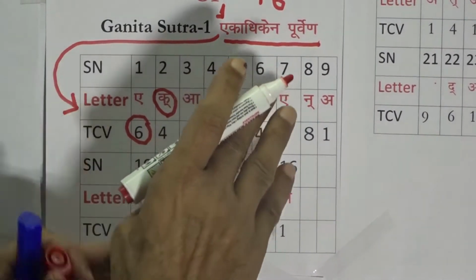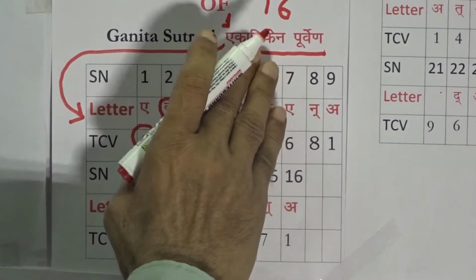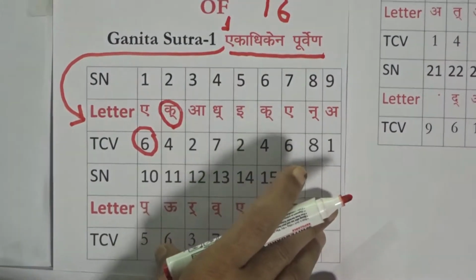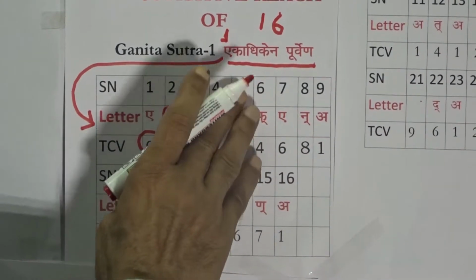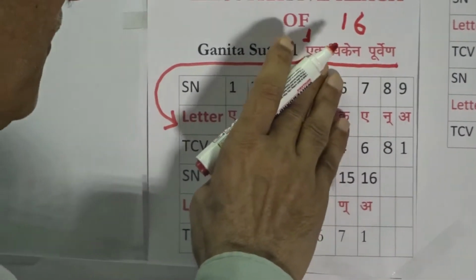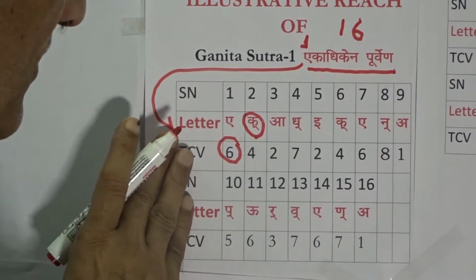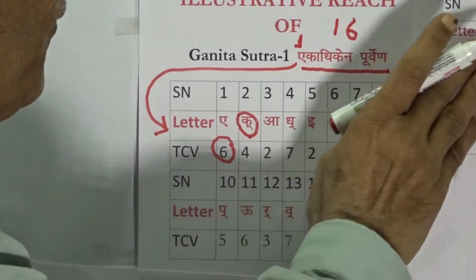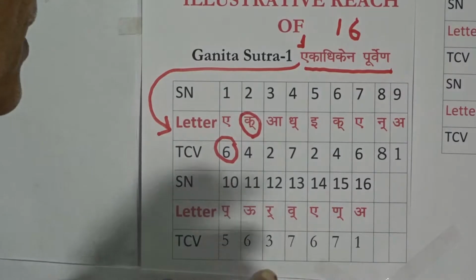as organization of 16 letters will sequentially provide us the structural keys for reach at the mathematical domains of the 16 sutras.